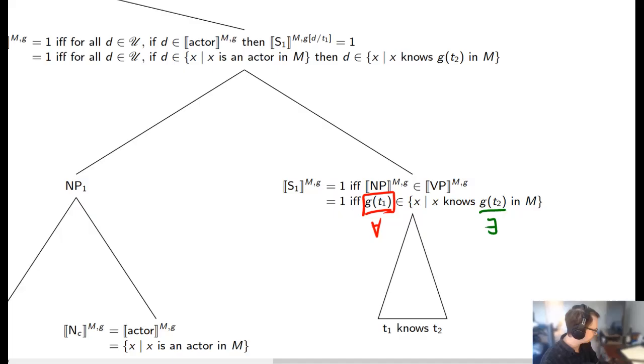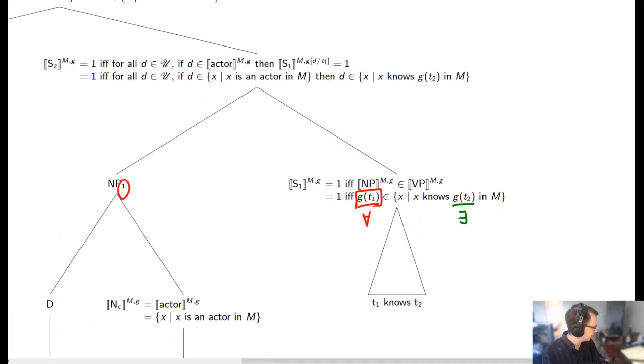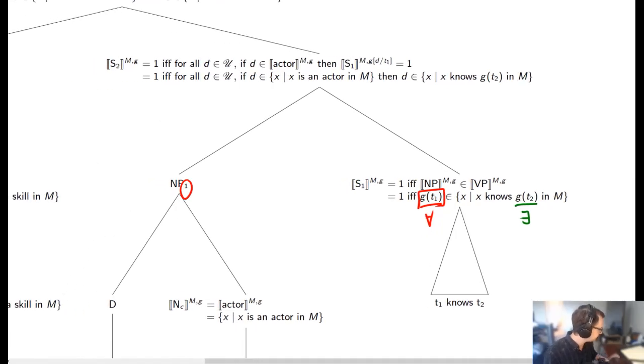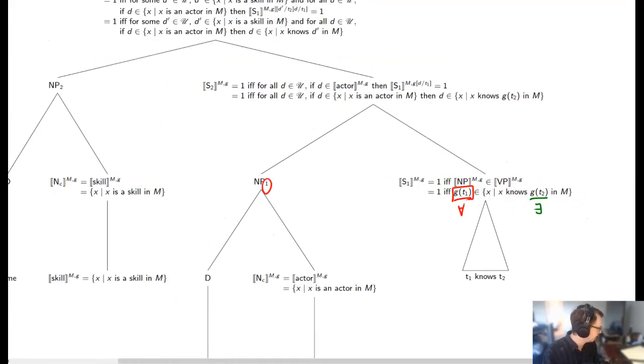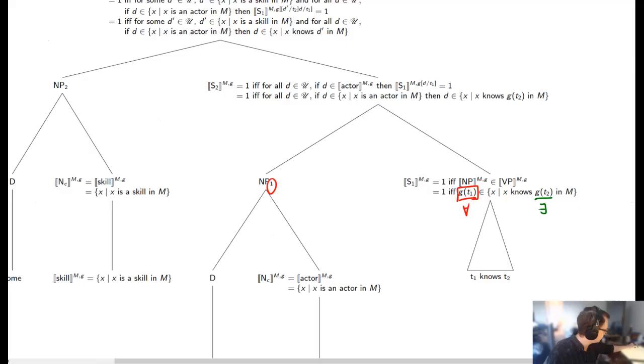We can see that in the movement, NP1 is here, which corresponds to T1, and then NP2 has been moved higher, which corresponds to T2. Did you state the difference is the order in which what was bound again? The order in which our traces will be bound. Okay, thank you.